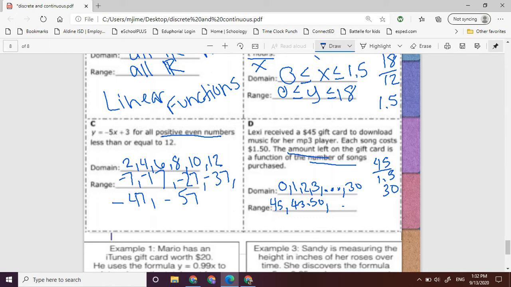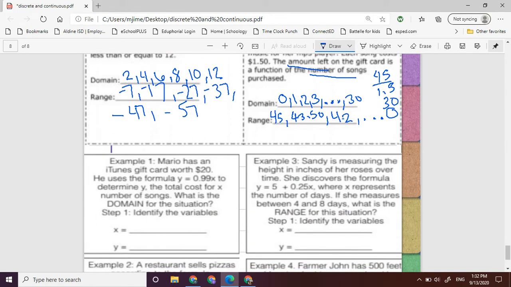If I purchase 2 songs, that'd be $42. And I keep going like that. This is the way you would see increments of $1.50, because you're subtracting that every single time until you reach 0.